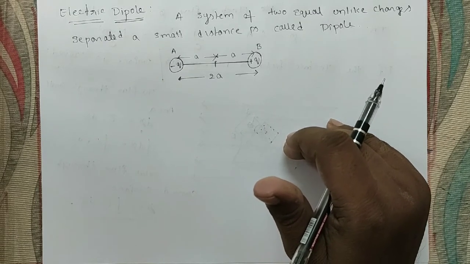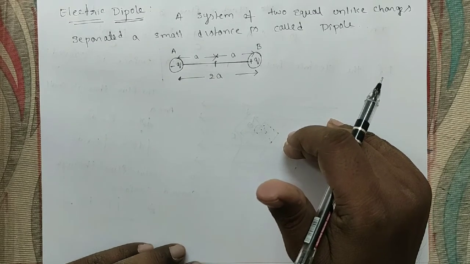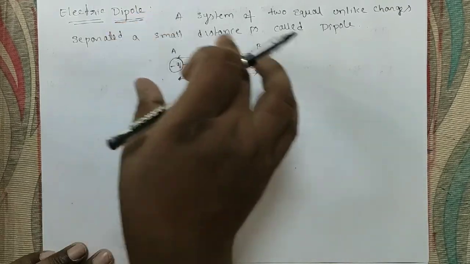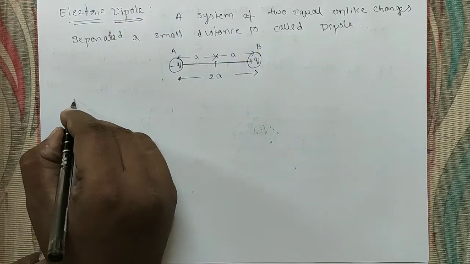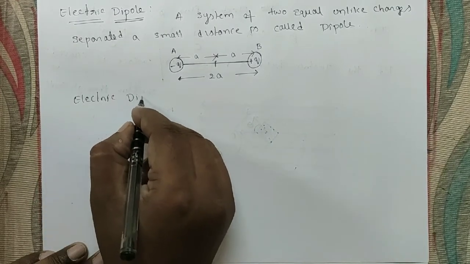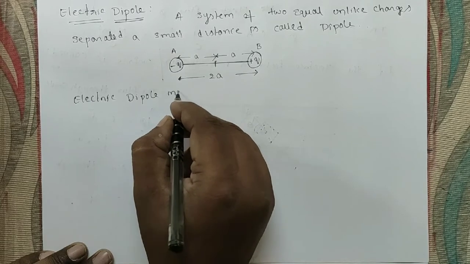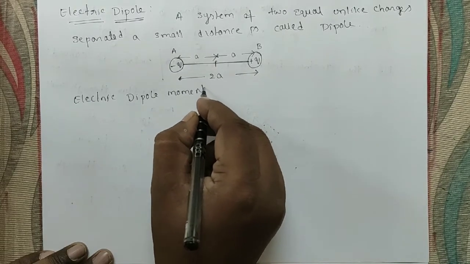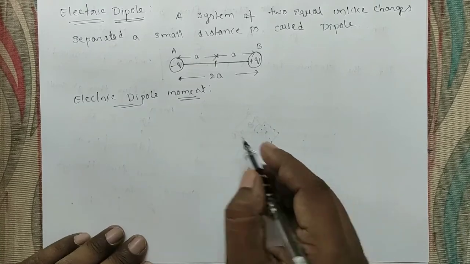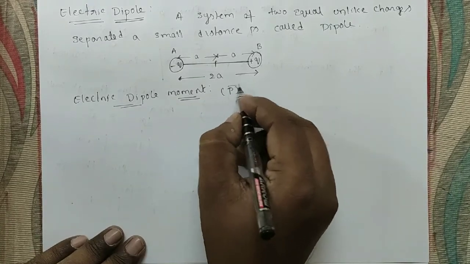Important one is the electric dipole moment. So what is an electric dipole? You understood now. Electric dipole moment is a vector quantity, so we represent it with P bar.